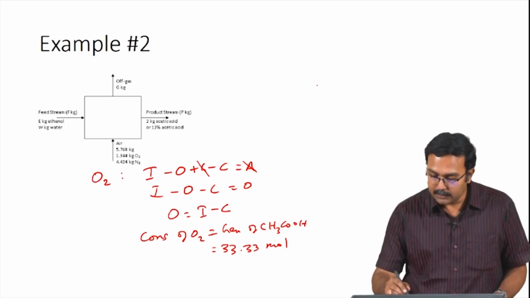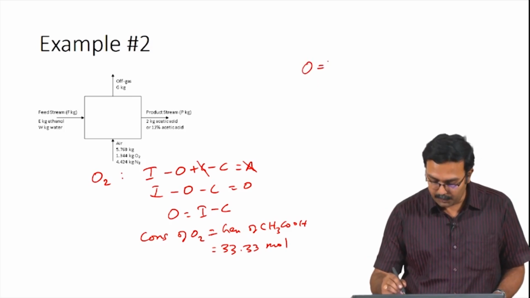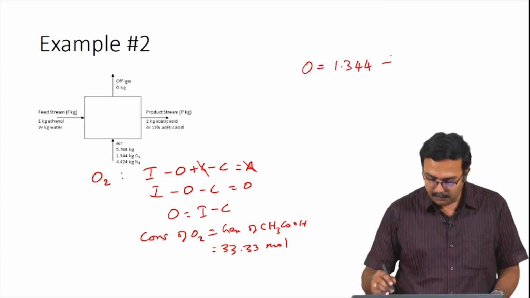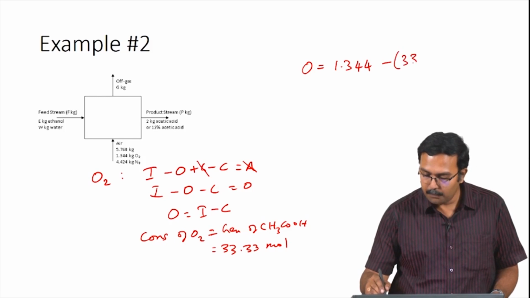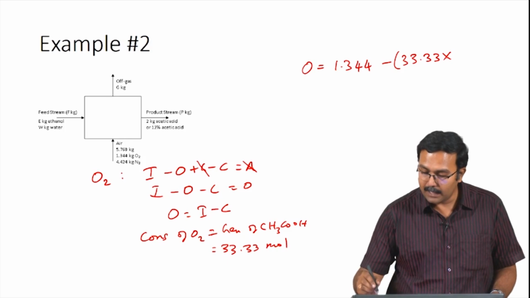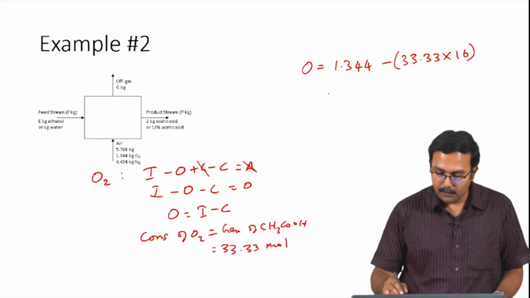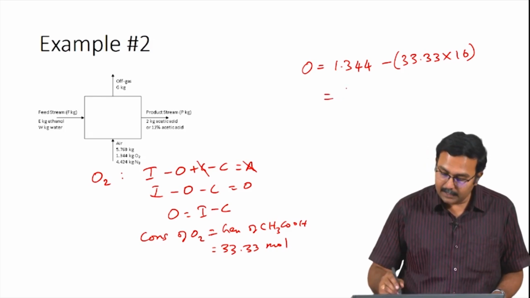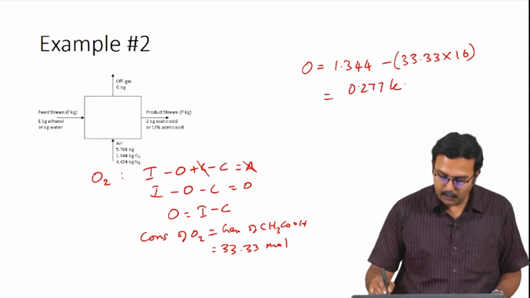So, mass of oxygen leaving the system, output, would be input, which is 1.344 kilograms, minus consumption, which is 33.33 moles. Converting this to mass by multiplying it with the molecular weight of 16, we would end up with the mass of oxygen in the off gas as 0.277 kilograms.